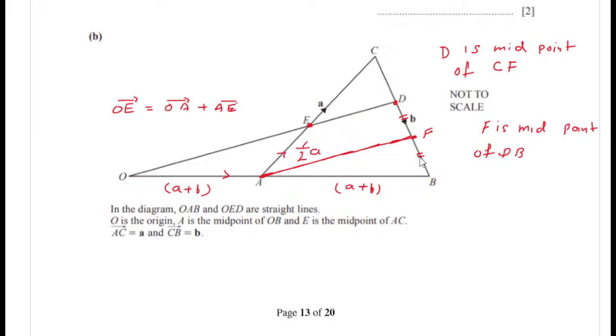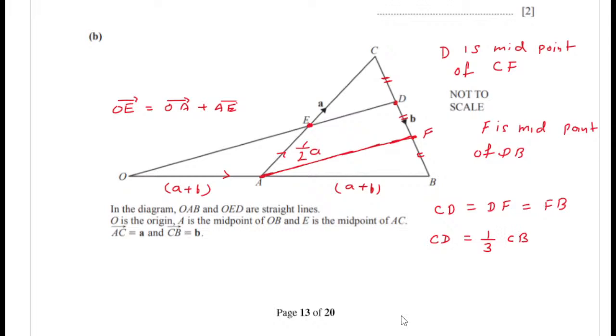Then this DF will also be equal to the CD. So here we find that this CD is equal to this DF and is equal to FB. So simply, I can say that this CD is nothing but 1/3 of CB.